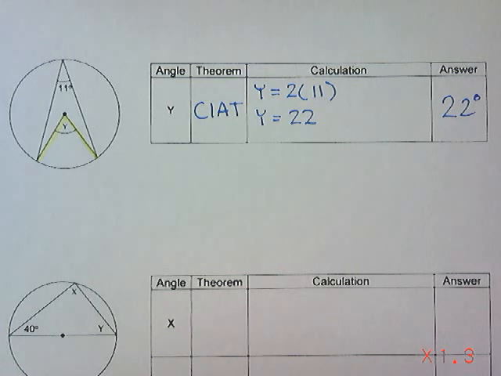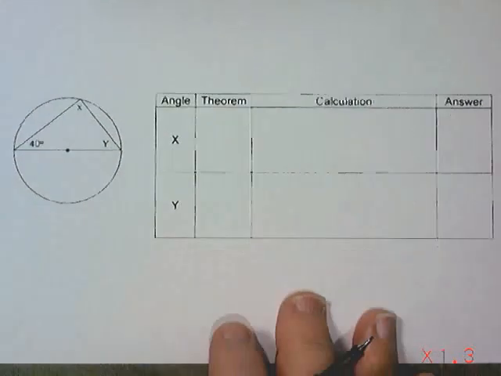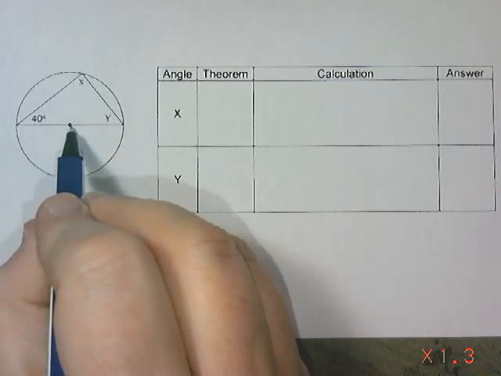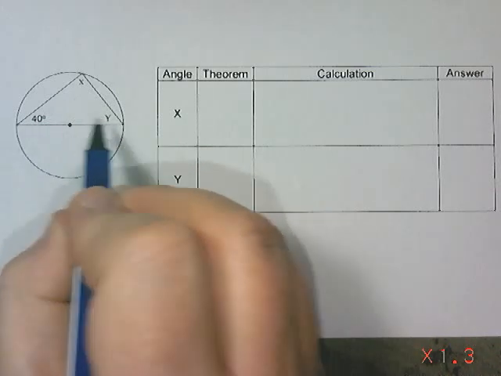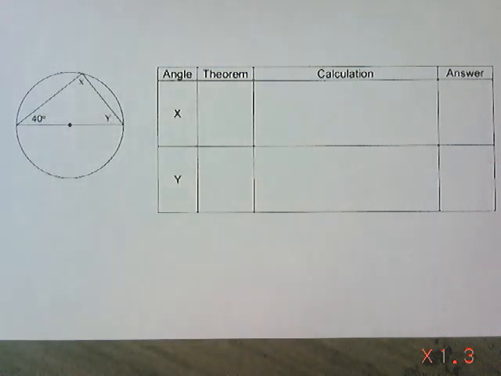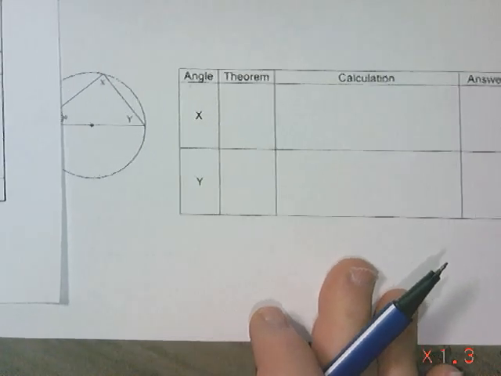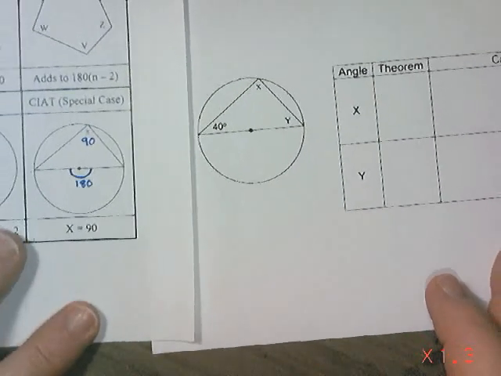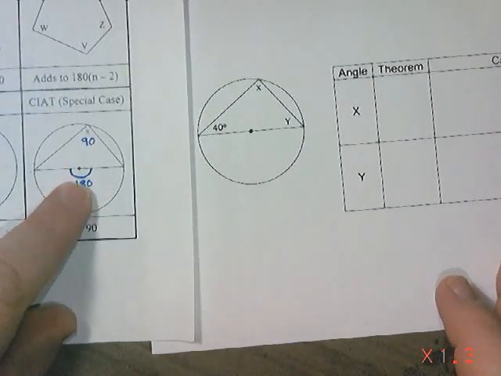All right, last one. I have a circle. I have a line going through the center of the circle. That's the diameter. And then I have a triangle being drawn to the edge off of that. So looking at my theorems, this is the special case of CIAT, right?